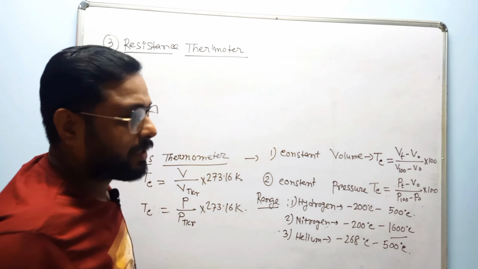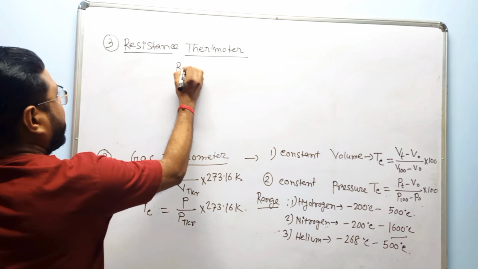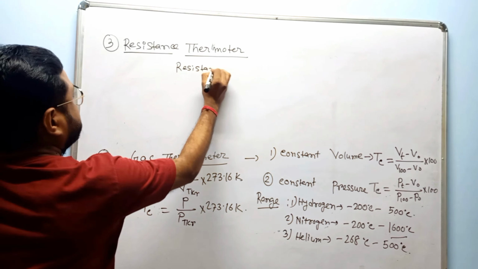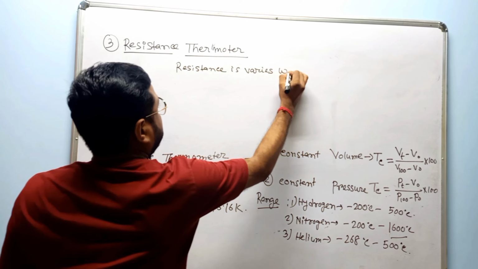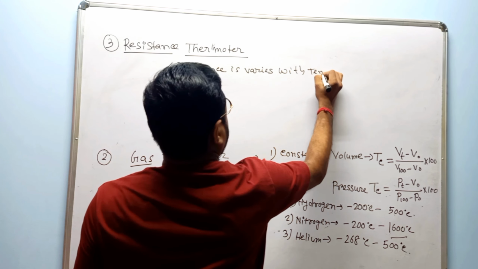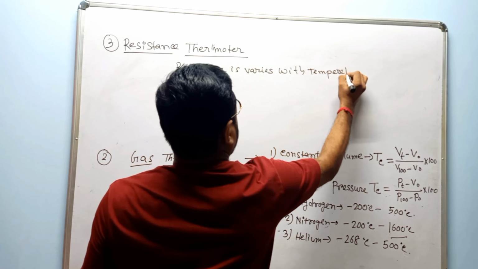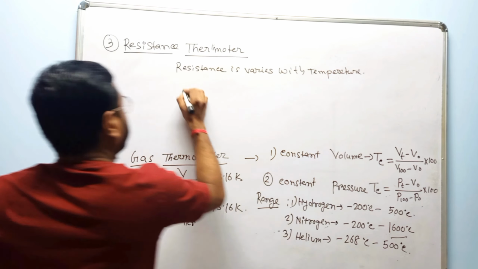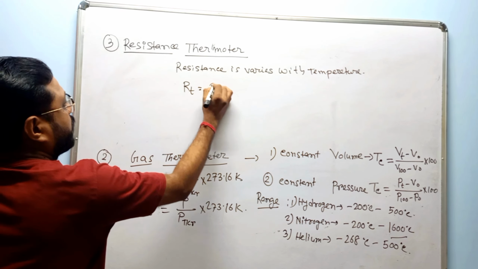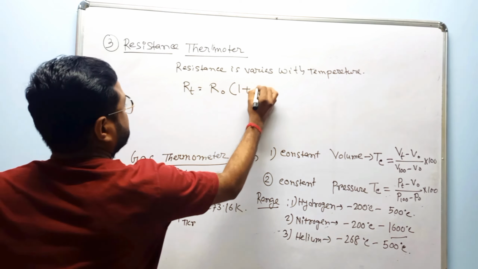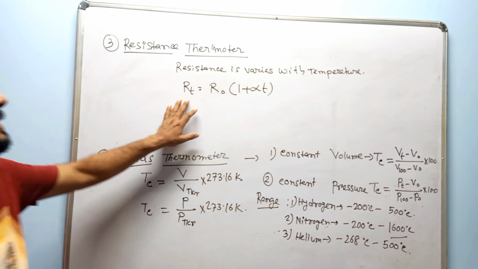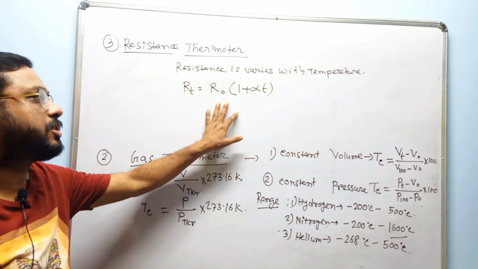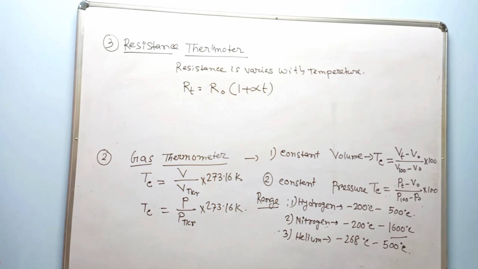Here the resistance varies linearly with temperature. Resistance is Rt equal to R0 (1 plus alpha T), where Rt is the resistance at T degree centigrade, R0 is the resistance at 0 degree centigrade, and alpha is the temperature coefficient.